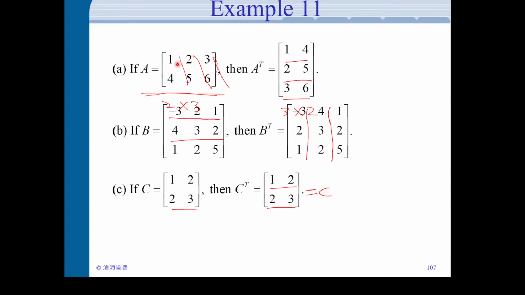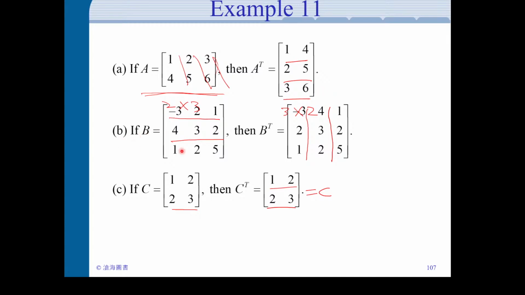So you have this matrix A being 1, 2, 3, 4, 5, 6. It will become this matrix with rows being 1, 2, 3, and 4, 5, 6. Then A transpose will be this matrix with columns 1, 2, 3, and 4, 5, 6. You see that this is a 2 by 3 matrix, and when you transpose, it becomes a 3 by 2 matrix.